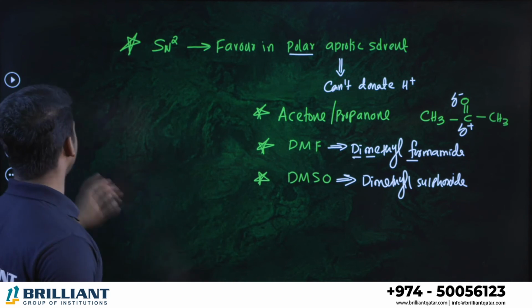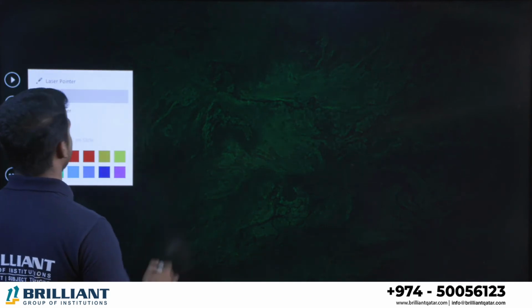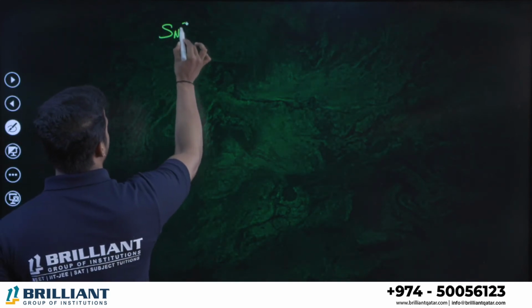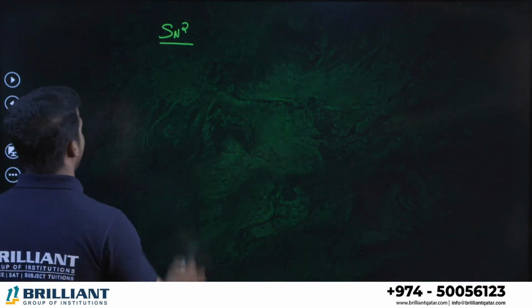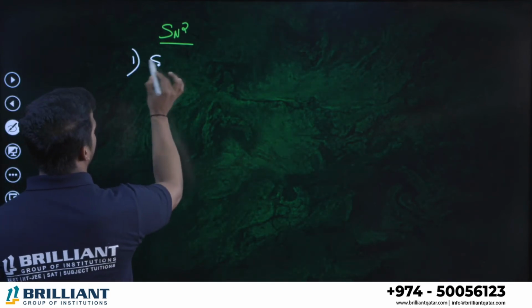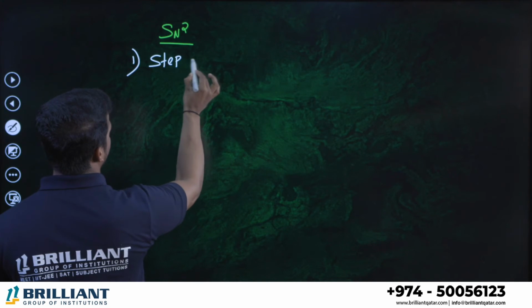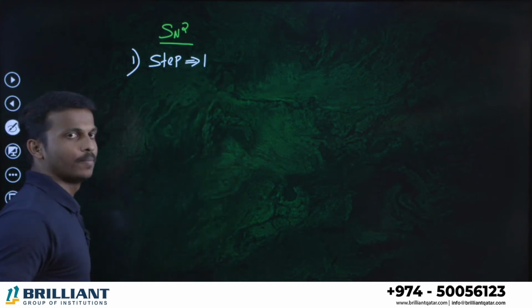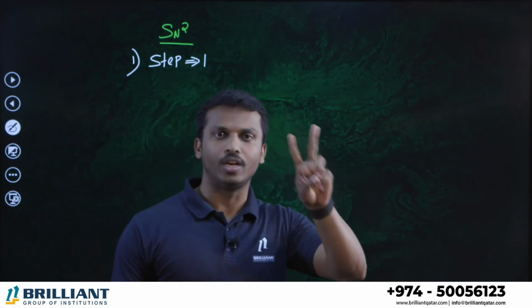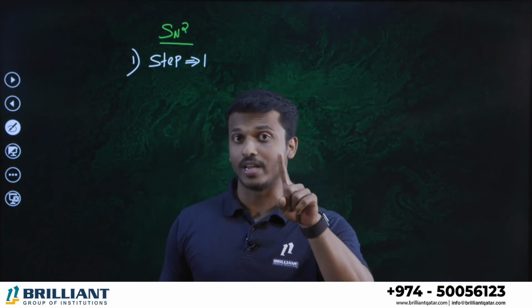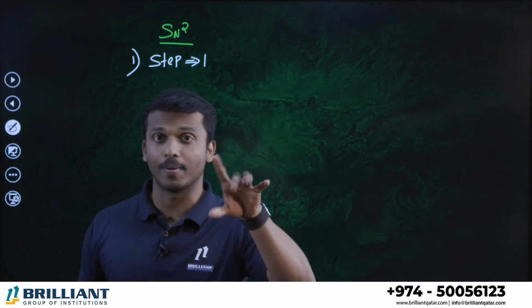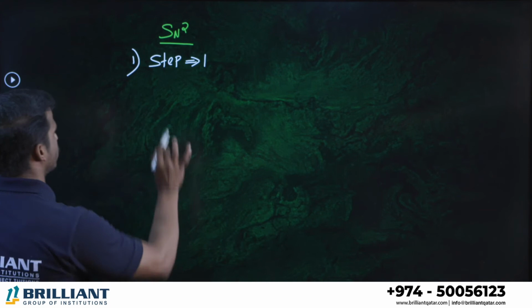Alright, so we can conclude all topics regarding SN2 mechanism. What are the topics we have? In SN2 mechanism, the first thing: it's only one step. SN1 reaction happens in 2 steps; SN2 reaction happens in 1 step.